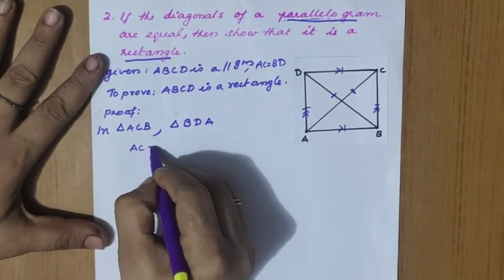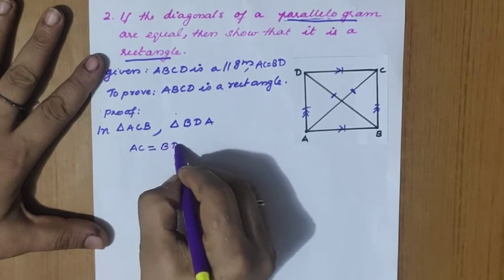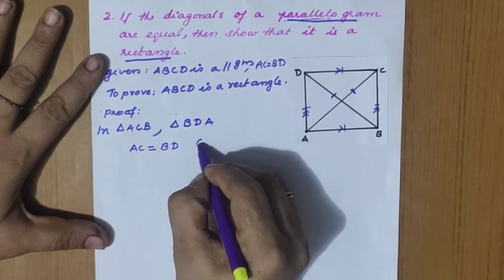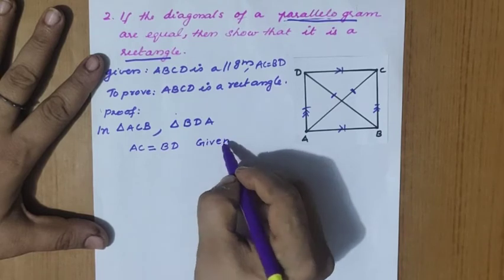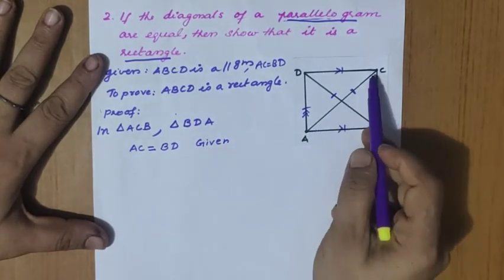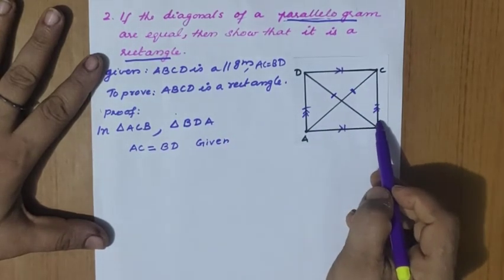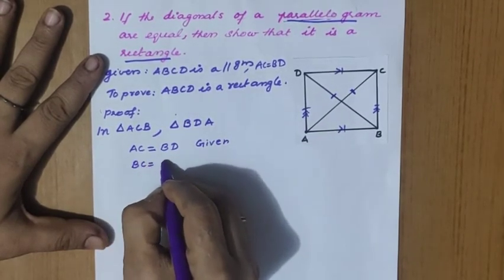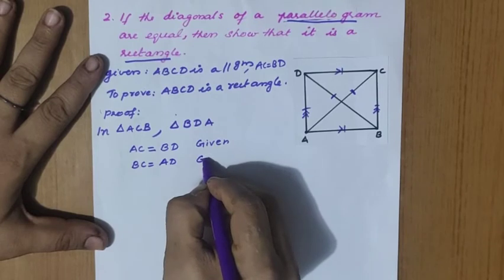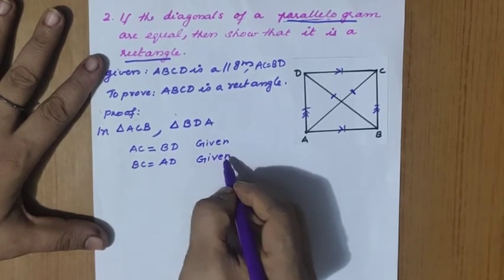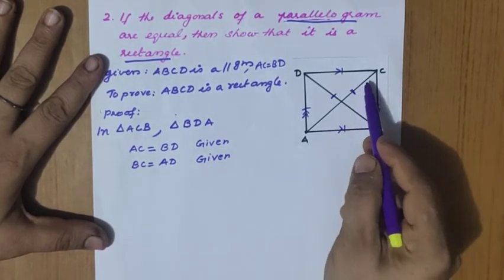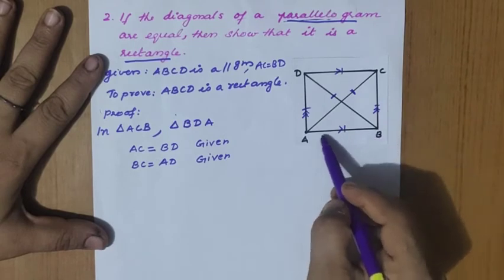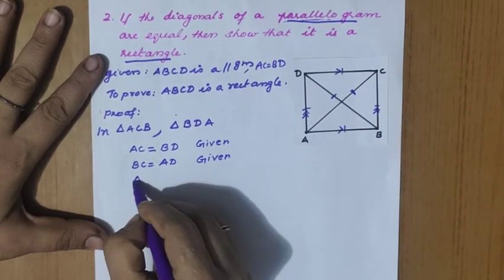We have marked AC equal to BD. The diagonals are equal, given in the question, right? Second side: BC is equal to which one? AD. So BC equal to AD. That is also given. Now what is the third side? AB we can take as common.